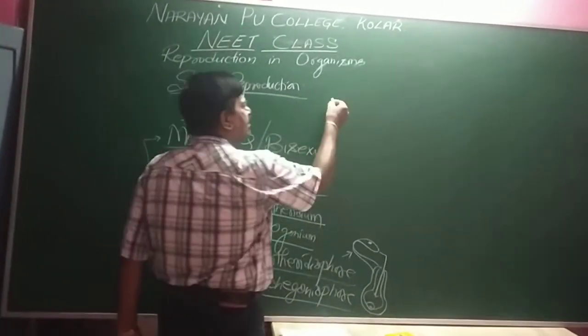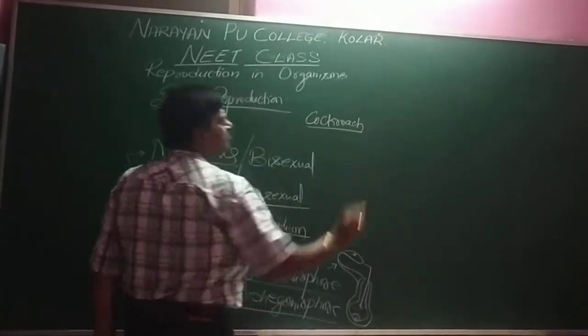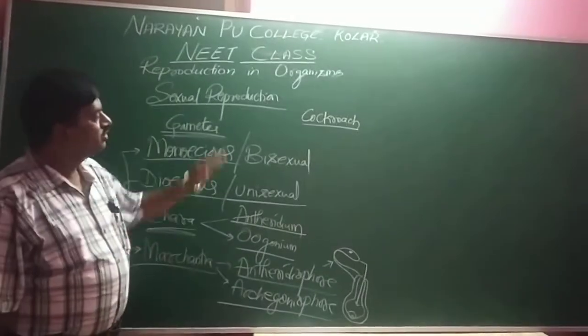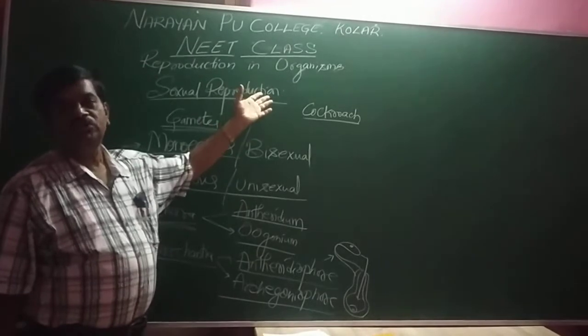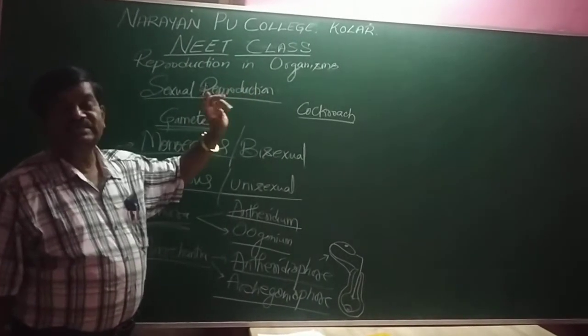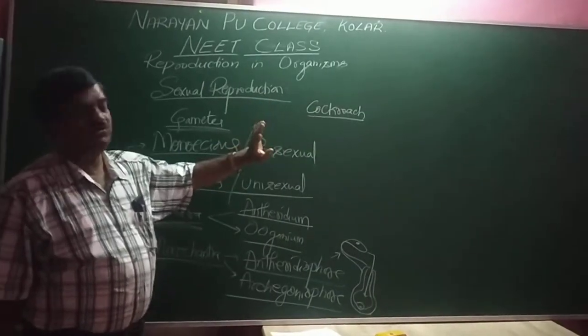When we take the example of cockroach, even in cockroach it is unisexual. Male cockroach is different, female cockroach is different. By seeing the abdominal part, we can easily identify male and female.